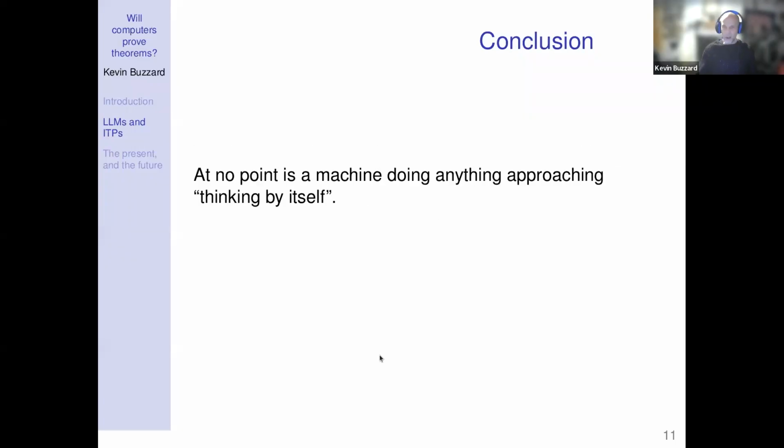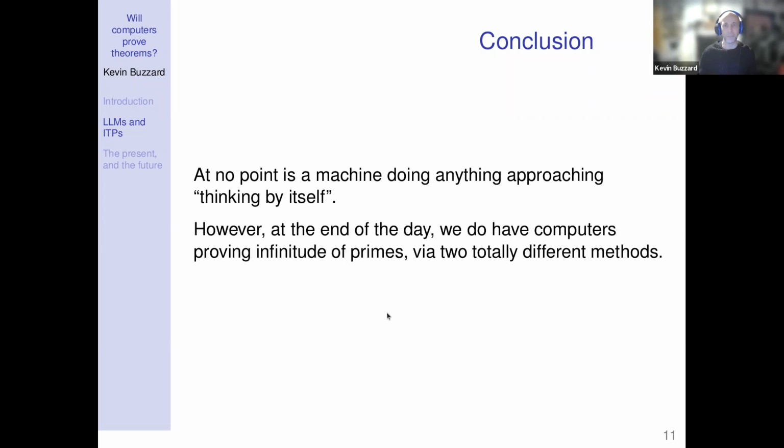So at no point is the machine actually doing any thinking, right? And at no point has this thing become autonomous and thinking by itself in either system. But at the end of the day, you can argue that in some way a computer proved that there were infinitely many primes, in the sense that someone else could come along who didn't do that work themselves and get the computer to do it.